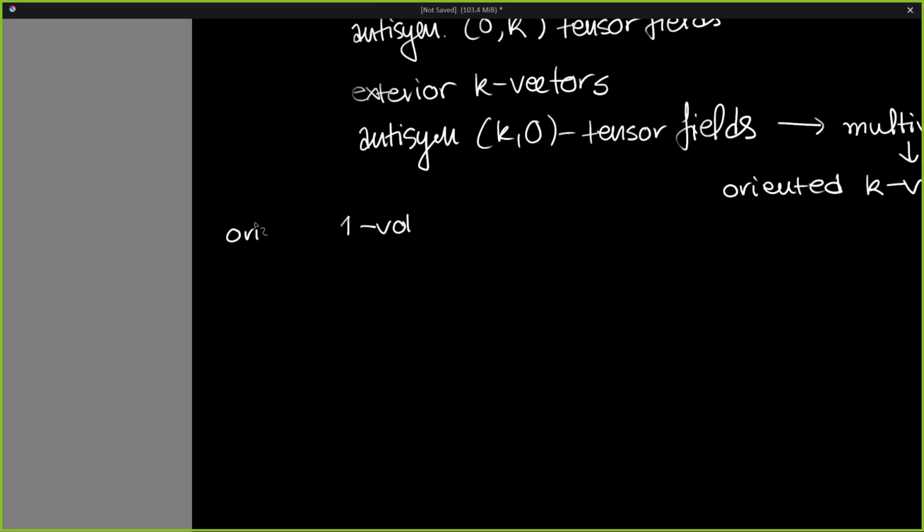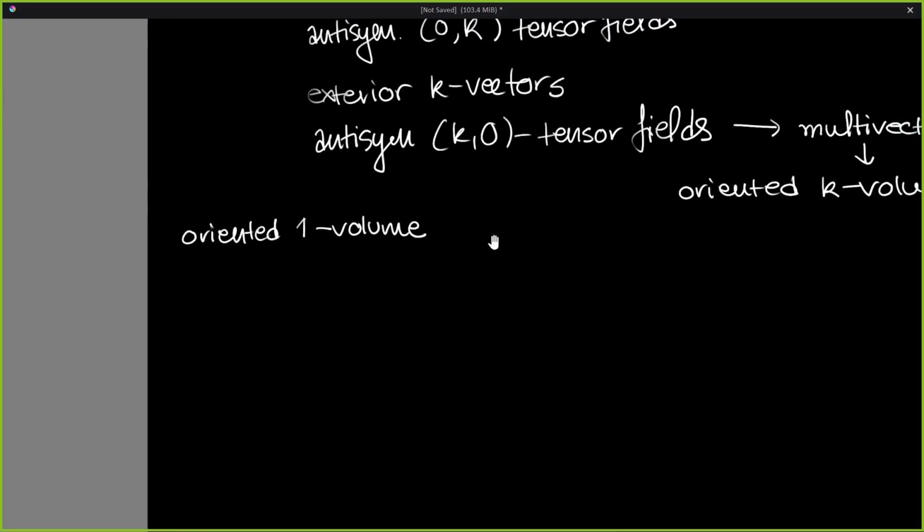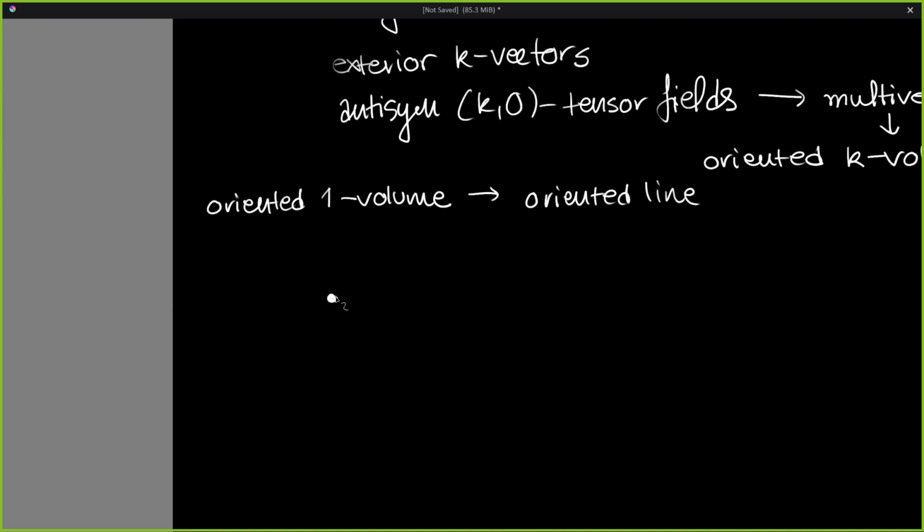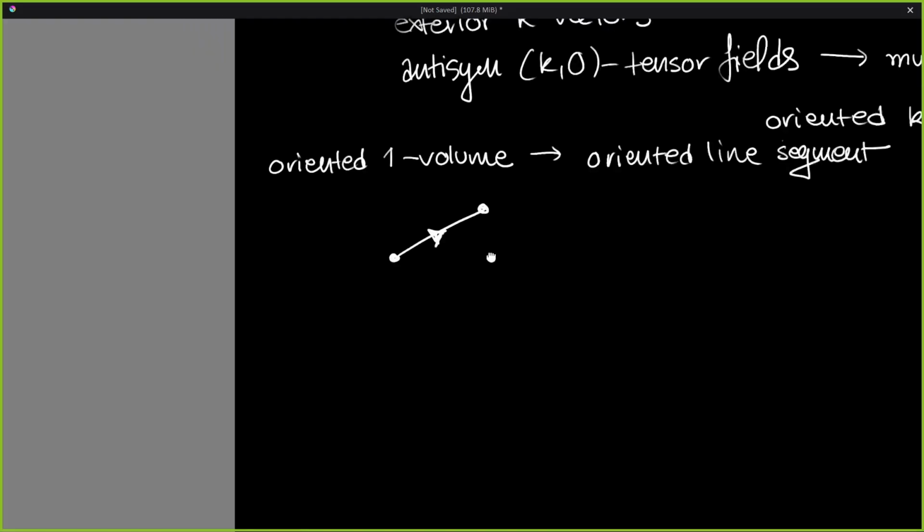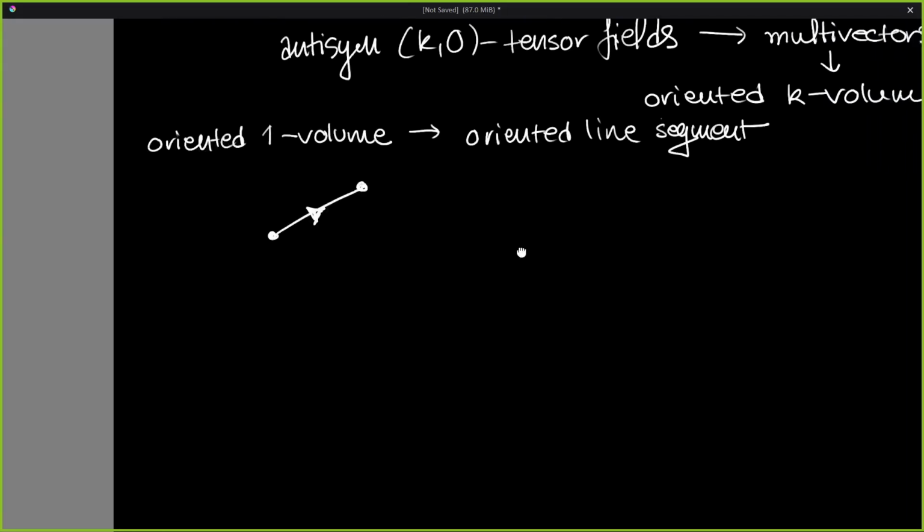So an oriented one-volume is an oriented line, something that looks like this, or a line segment, I guess. So this is an oriented one-volume.